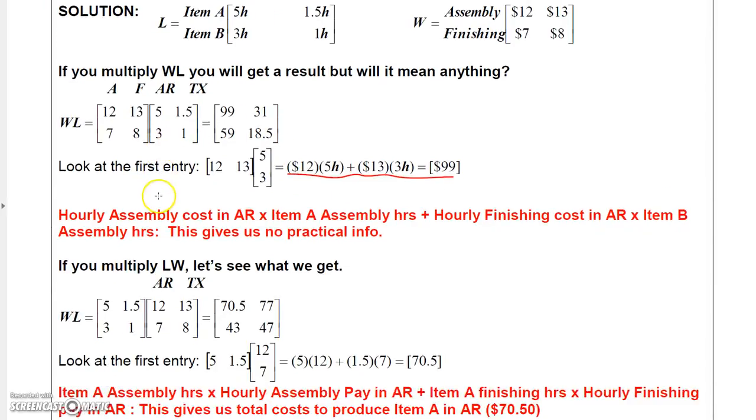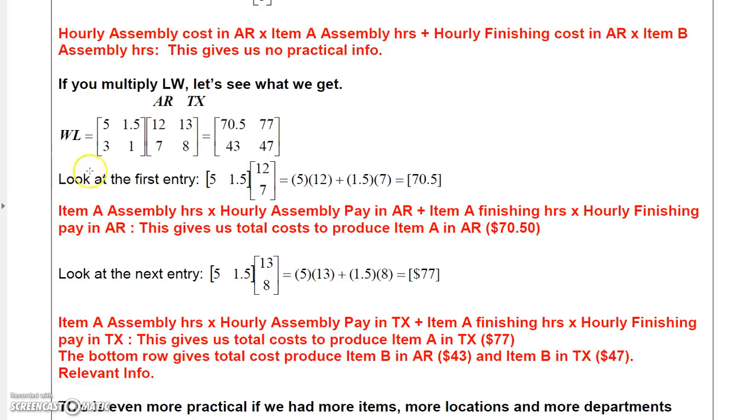But if you reverse it and do L times W, then it actually makes sense, because when you multiply this row with this column, you get item A's assembly hours times the hourly assembly pay in Arkansas, so that would be the 5 times 12, and then plus 1.5 times 7, which is the item A finishing hours times the hourly finishing pay in Arkansas.